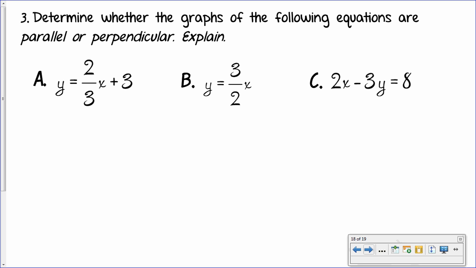Okay, determine whether the graphs of the following equations are parallel or perpendicular. And I've already labeled them for you. So what's the slope of your first line? 2/3. And this one is... are these two lines anything? No, because it's not named. They're reciprocals, but they're not what? They're opposites, are they? Okay, what's the slope of your other line? What am I gonna do? Move that over there?